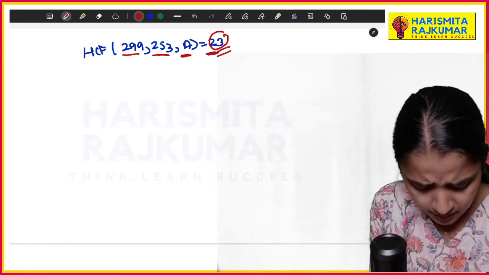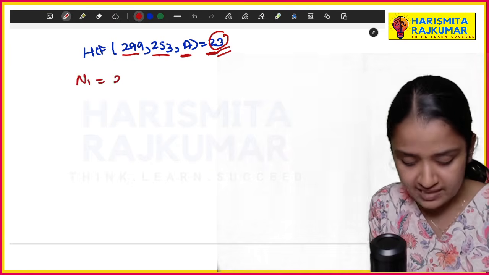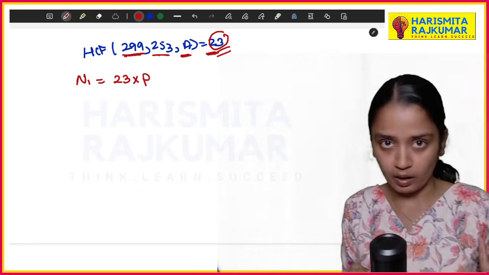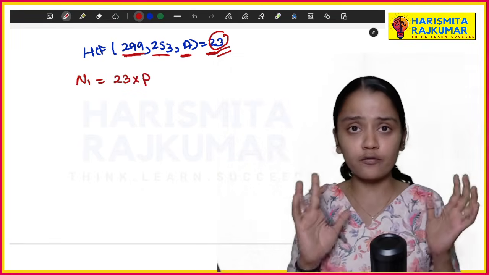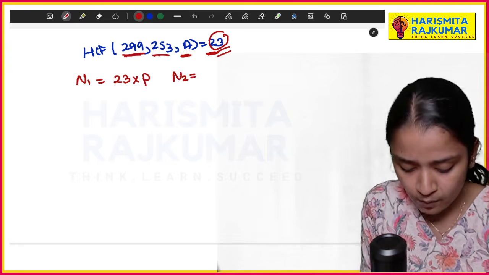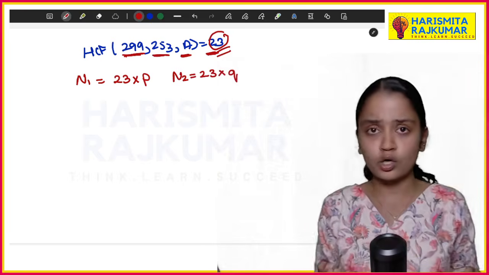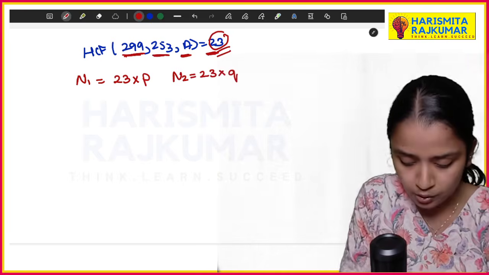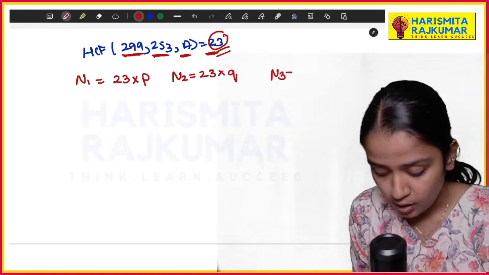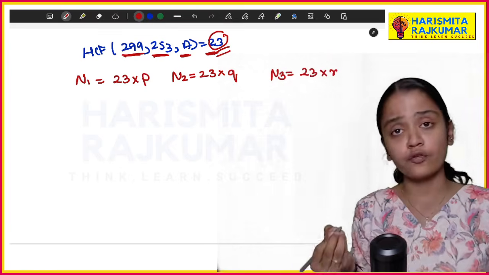So N1 you can represent as, for example, 23 into P, because that is your HCF. N2, number 2, same way you can represent in terms of 23, say 23 into Q. And number 3 again you can represent in terms of 23.